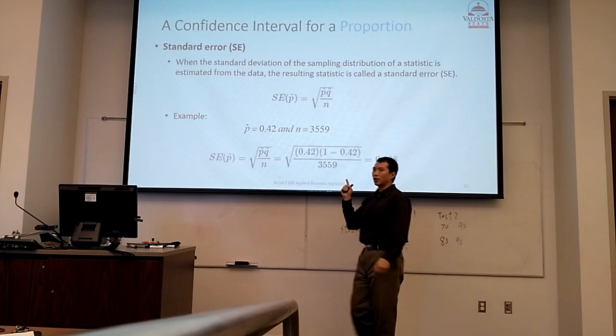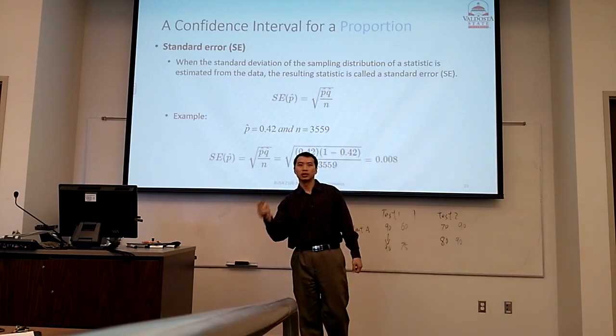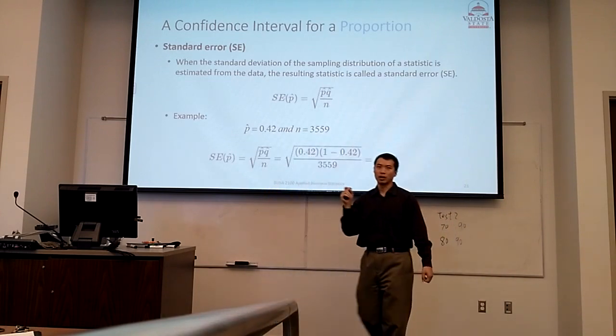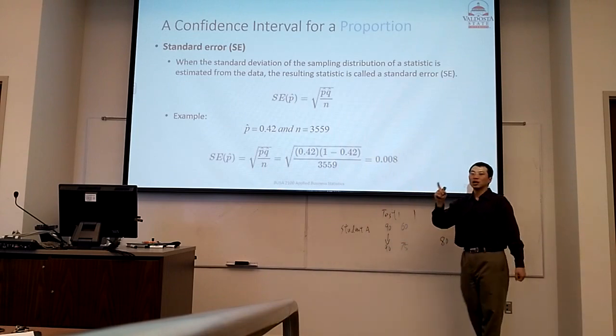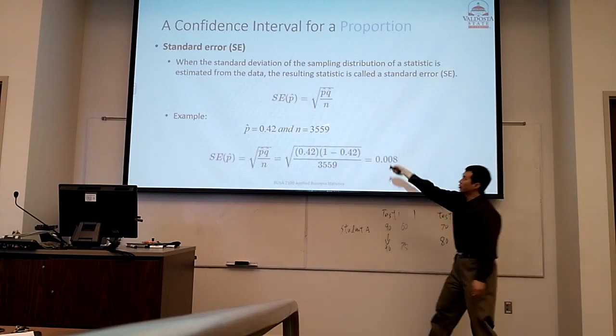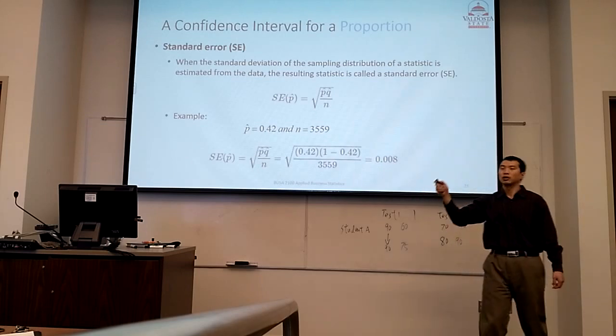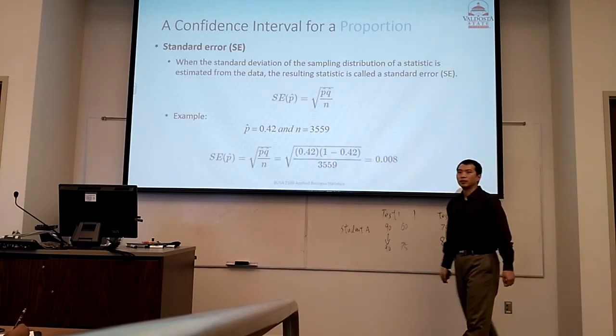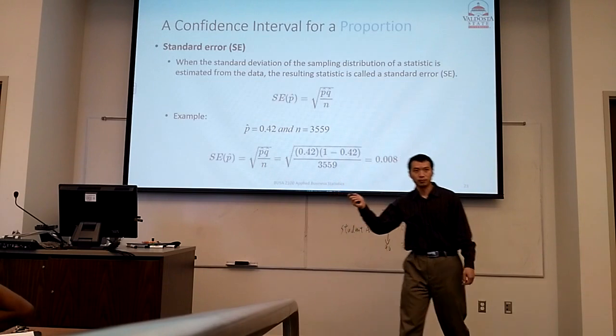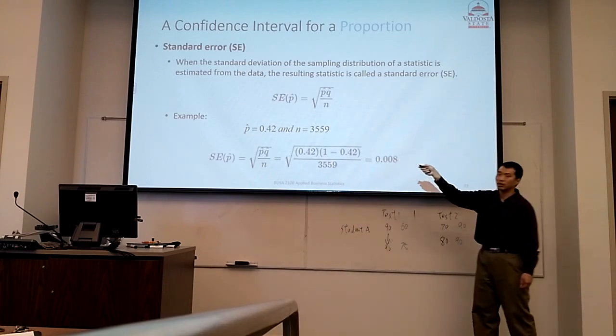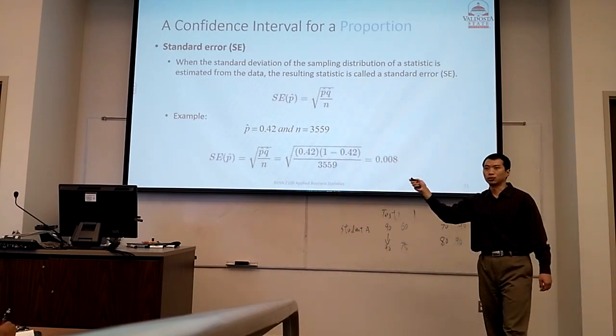Standard error is one of the components when we construct the confidence interval. What I need you to remember is this formula for how to calculate the standard error of the sample proportion.